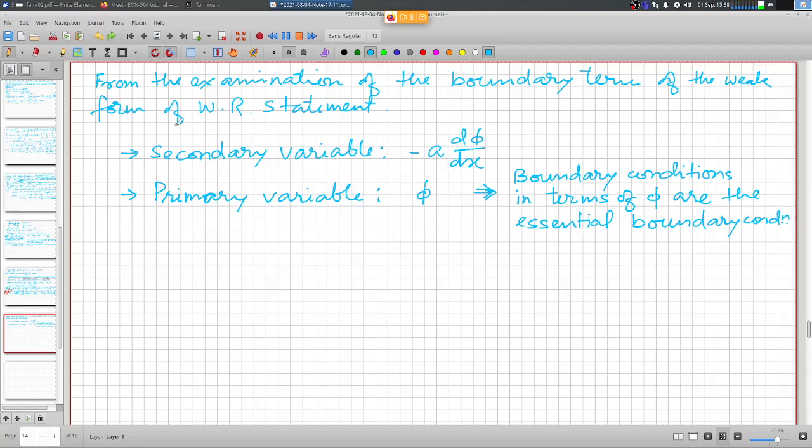Right? Without this exercise, you cannot say which of the two boundary conditions is essential boundary condition and which one is natural boundary condition. Right? So the boundary condition in terms of a times d phi by dx is a natural boundary condition.